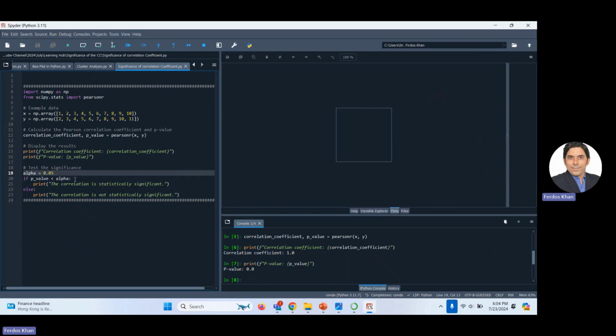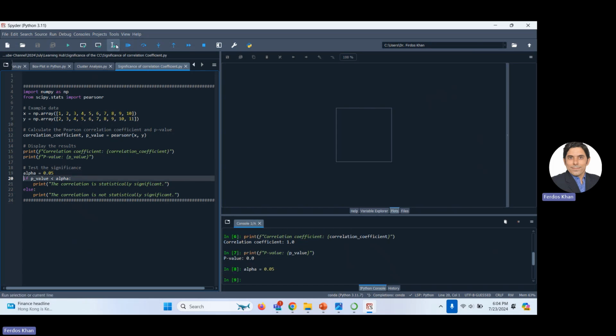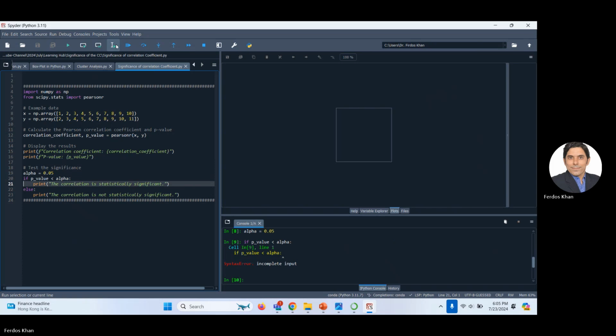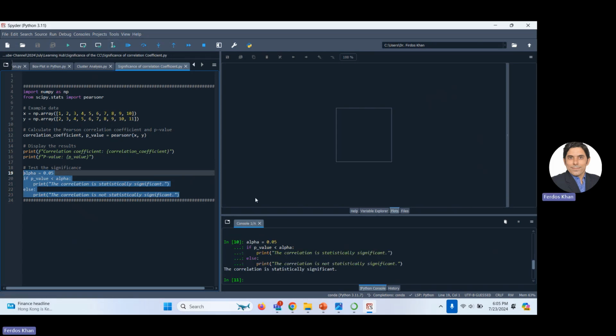If the p-value is less than alpha, print that the correlation coefficient is statistically significant, something like this. This is not important because you know these things. The important thing is up to here.